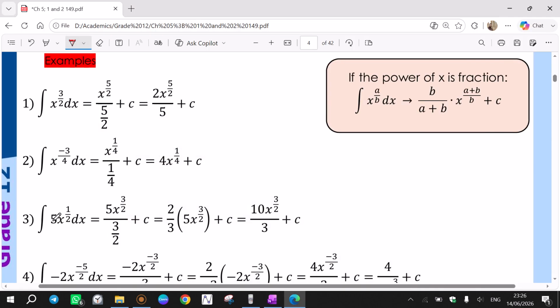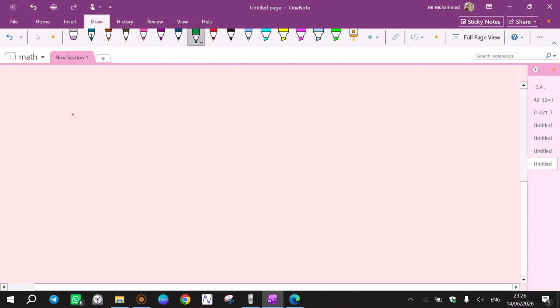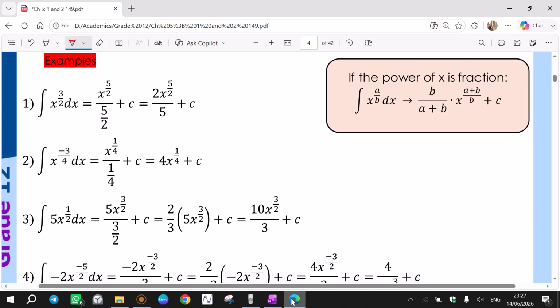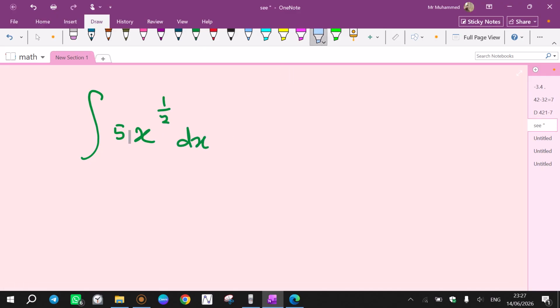Okay, let's solve this one. 5x power 1 over 2. Whenever you see a constant, 5x power 1 over 2 positive dx. Constant or whole numbers stay the same. Multiplication of a constant stays.